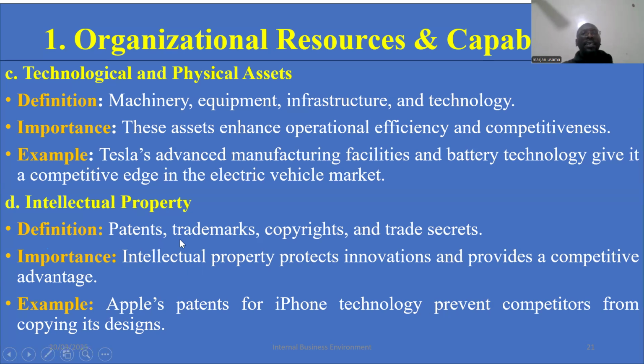Lastly is intellectual property. These are the patents, trademarks, copyright, and trade secrets. What is the meaning of intellectual property? It is an asset and a resource in an organization. For example, Nike. If Nike finds you using their trademark, they can take you to a court of law, because that is their logo.